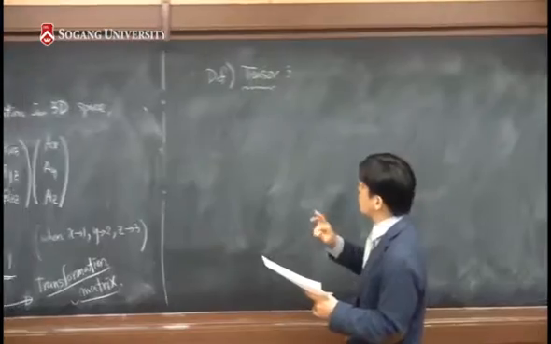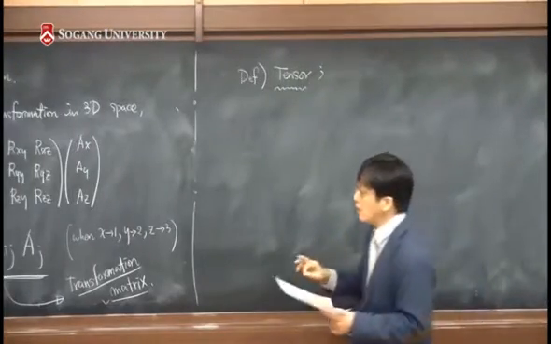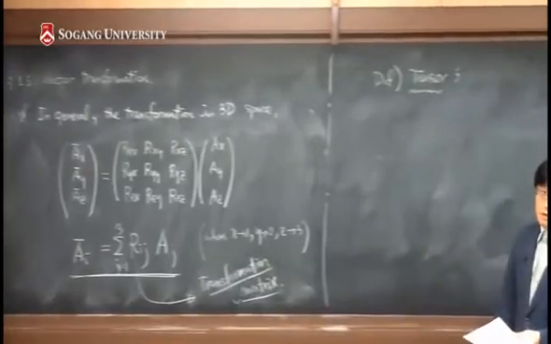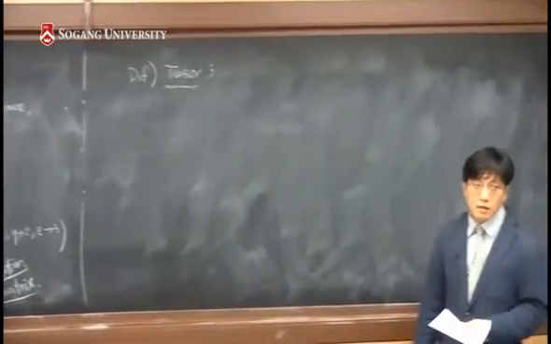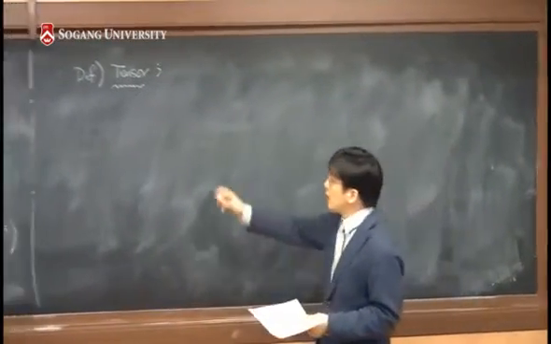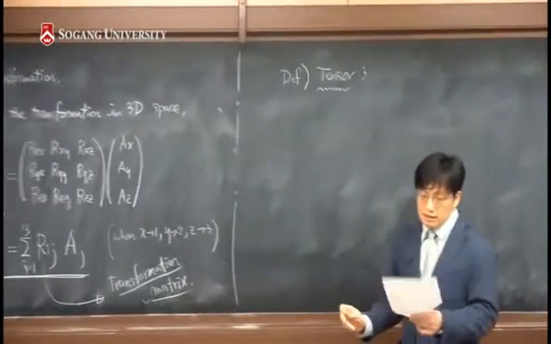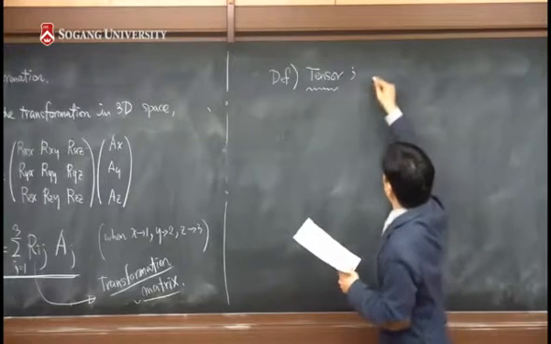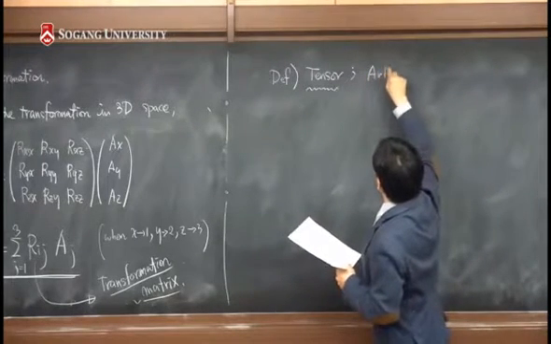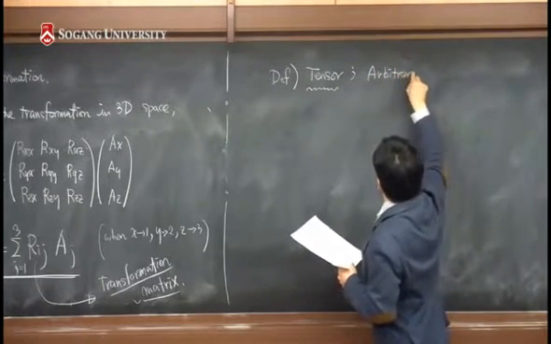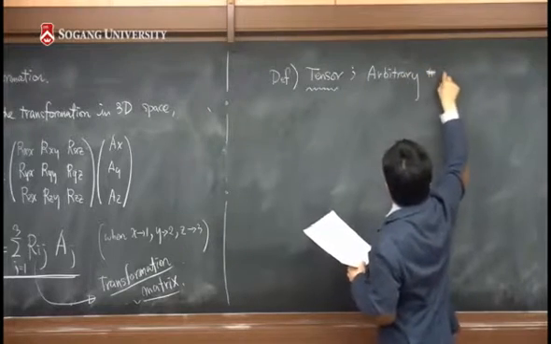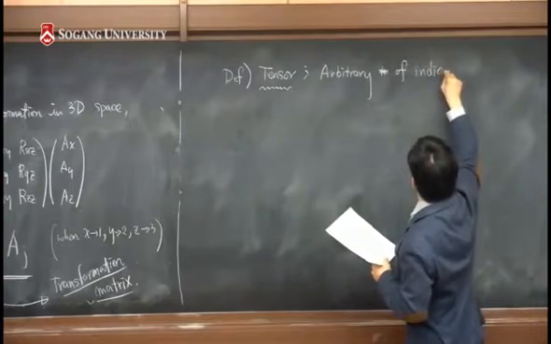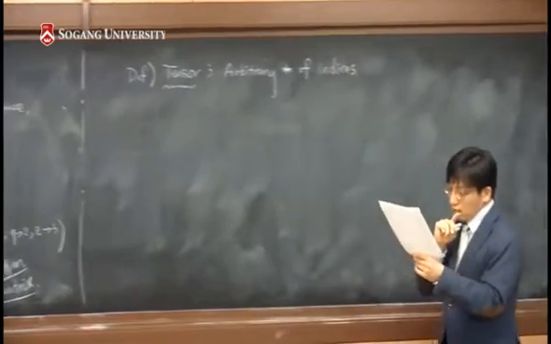It has two properties. One is, instead of having two indexes, for the case of a tensor, it can have more than two indexes. So the tensor is a certain object which can have an arbitrary number of indexes. Okay?